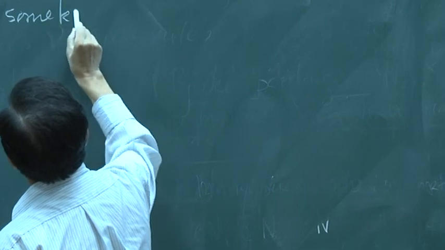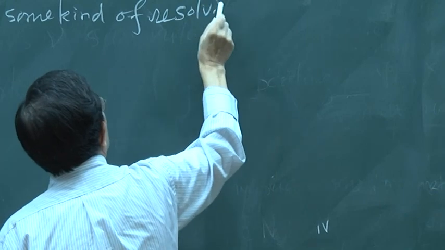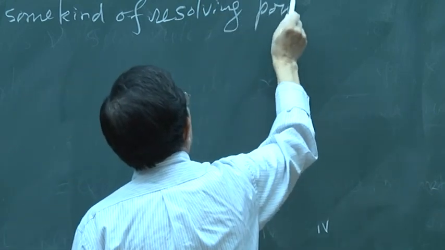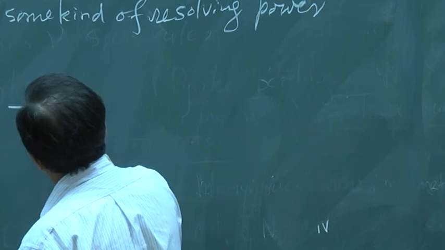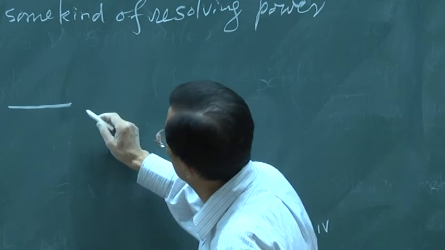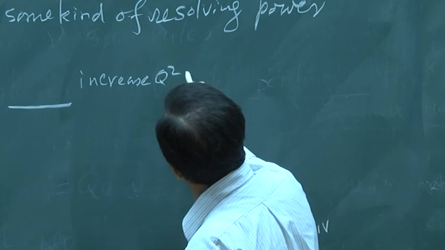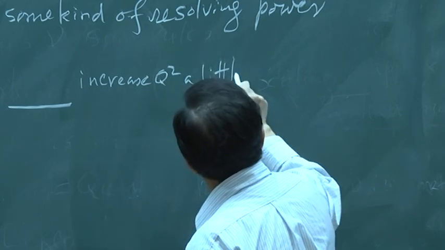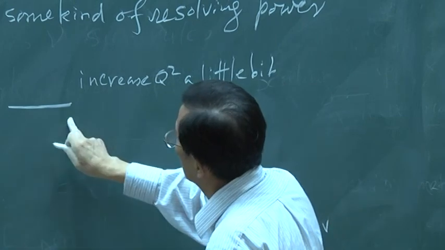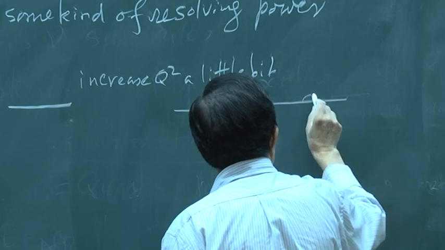The idea is that q squared is some kind of resolving power. So when you see a quark like this, if you increase q squared a little bit, this quark will not be like this, but will be a quark plus a gluon.